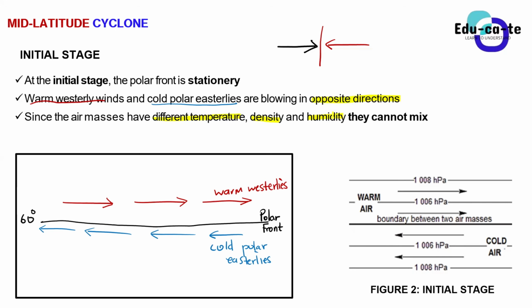You still need to remember that. So here we have got two air masses with different temperatures, so they cannot mix because they have different temperature, different density, and different humidities.